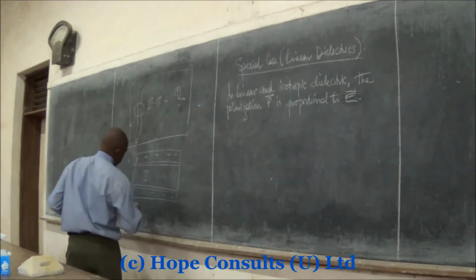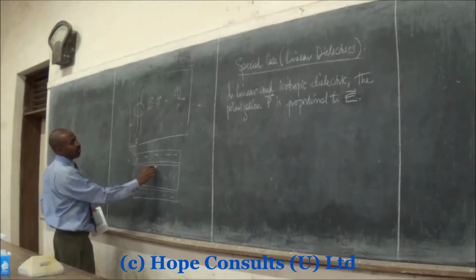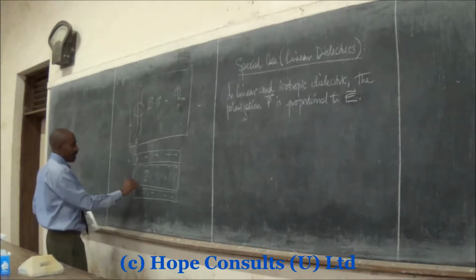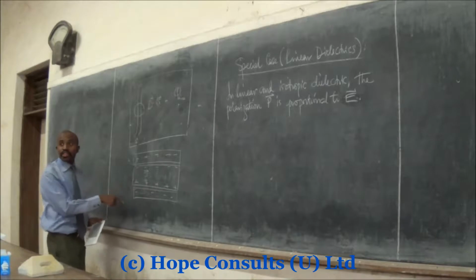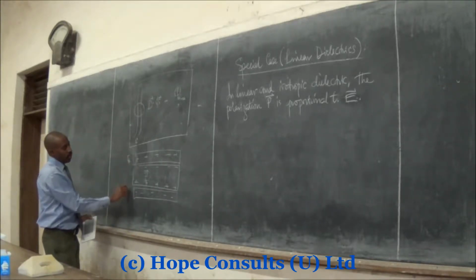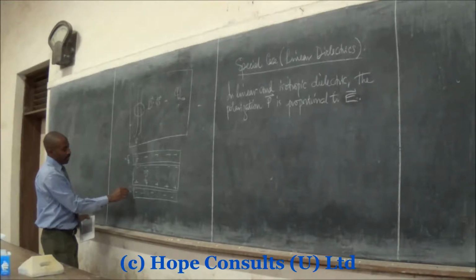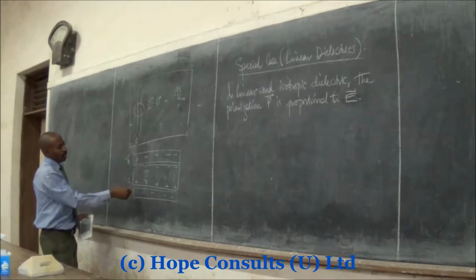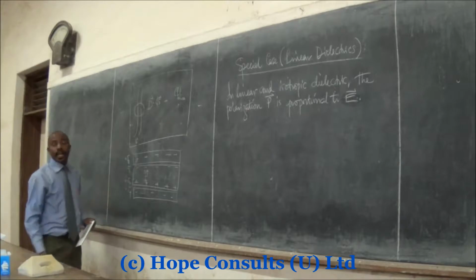And of course, that is true because whatever bound charge we are getting on the sides of the dielectric is bound to be there because of the free charges which exist on the plates. It is these free charges which are bringing about this bound charge on the surface of the dielectric and this other one on the surface of the dielectric.